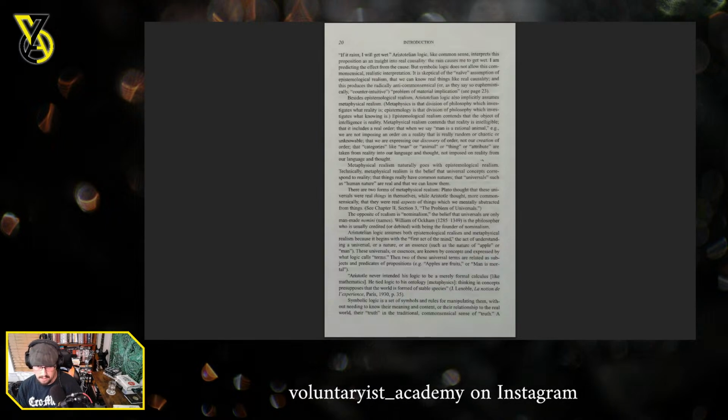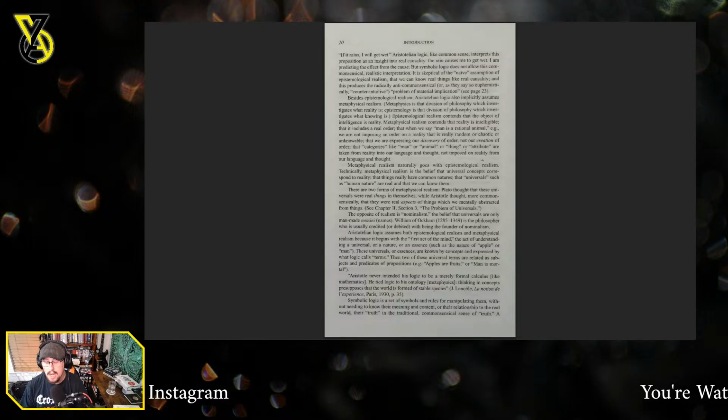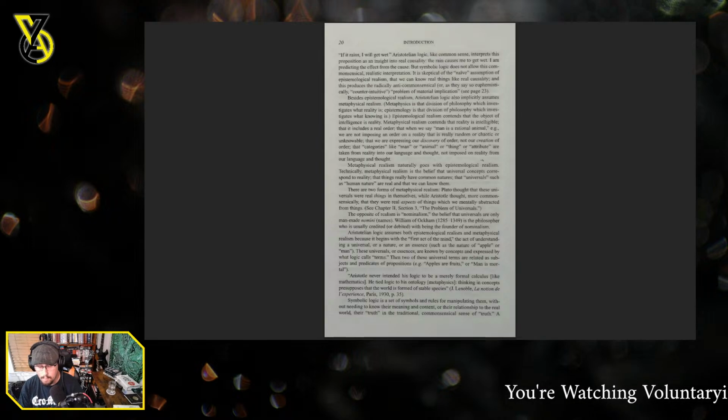He is the philosopher who is usually credited or debited with being the founder of nominalism. Aristotelian logic assumes both epistemological realism and metaphysical realism because it begins with what we call the first act of the mind, the act of understanding a universal or a nature or an essence, such as the nature of apple or man.